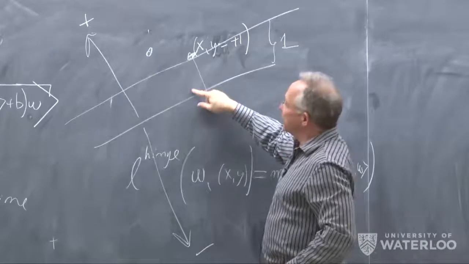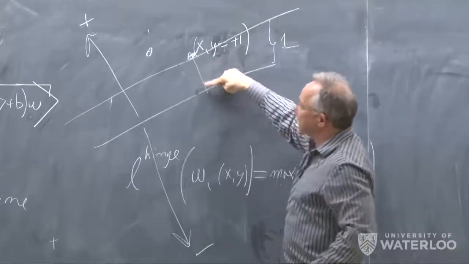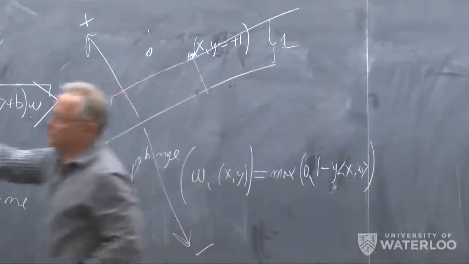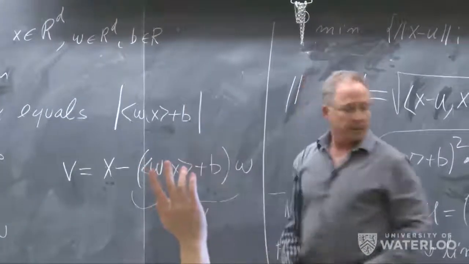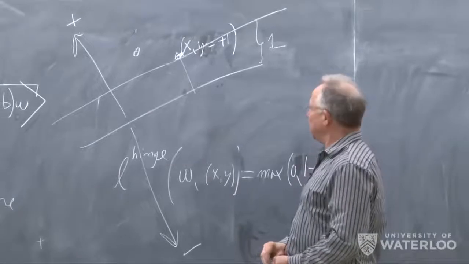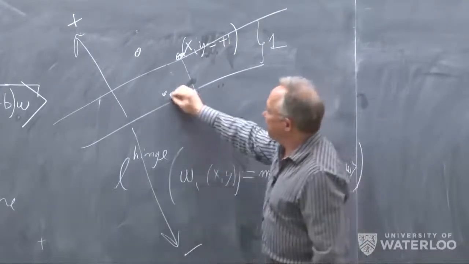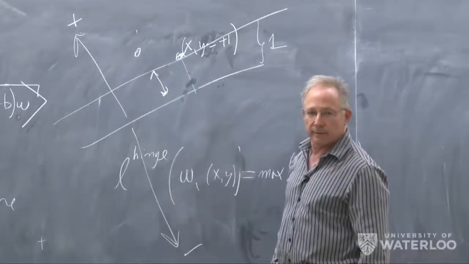For every point which is inside this margin, how much do I pay? I pay 1 minus the distance of this point from the boundary. You can ignore the b, because for simplicity we assume that b was 0. So if I have a point here, I'm going to pay this. This is my loss.